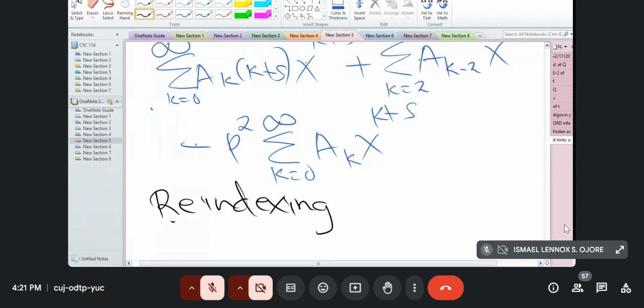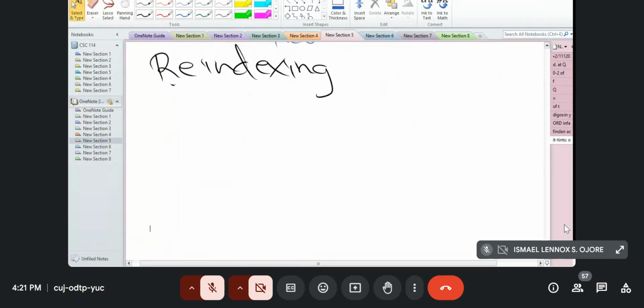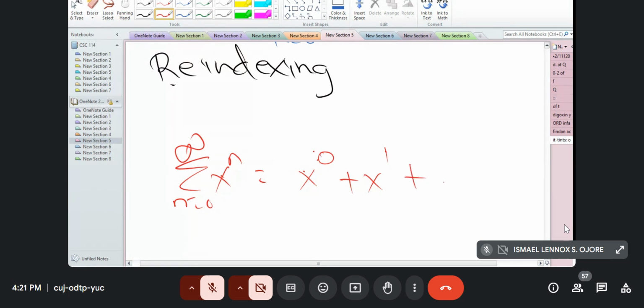So what you do, you take values corresponding to, but don't write this, let me just try to illustrate something. If I'm summing from n is 0 to infinity, and I have x to the power n, this will be the same thing as x to the power 0 when n is 0, plus x to the power 1 when n is 1, plus the terms from n is 2.